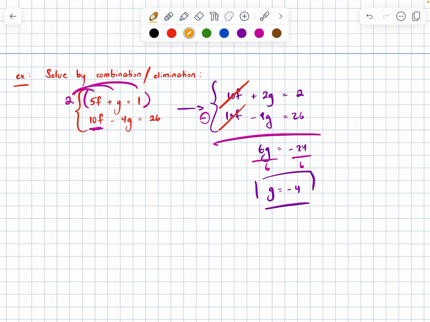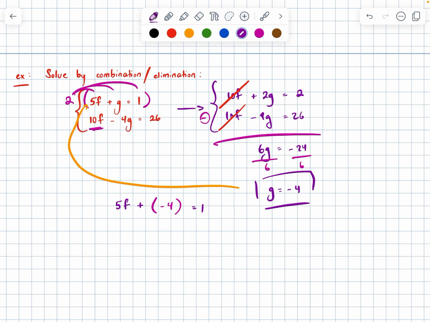Knowing that g equals negative 4, again, thinking cap, where's the wisest place to substitute back in? I would say that this equation, before I did my multiplication by 2, is going to give me the nicest, friendliest numbers to work with. Let's use that guy. So I know 5f plus g equals 1, but I've just said that g is equal to negative 4.